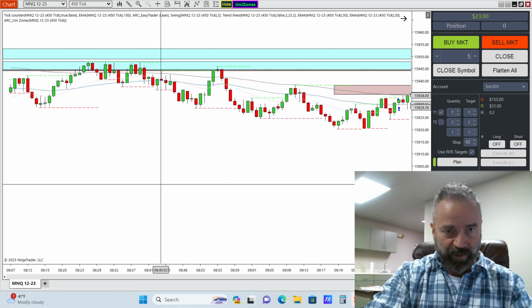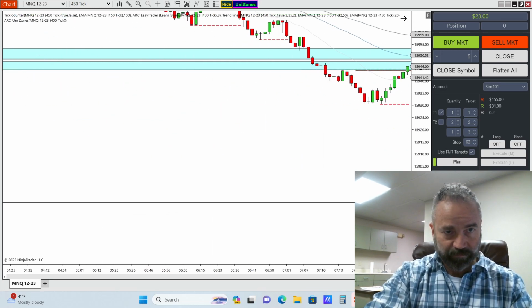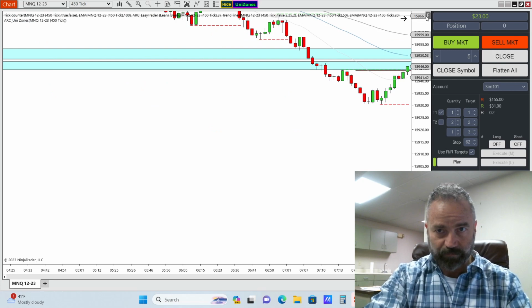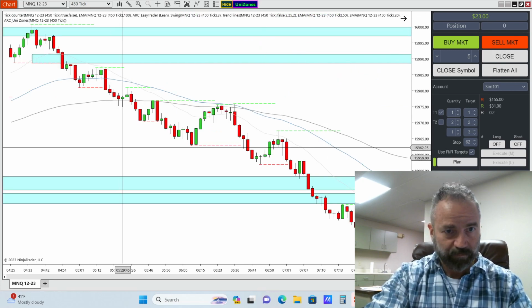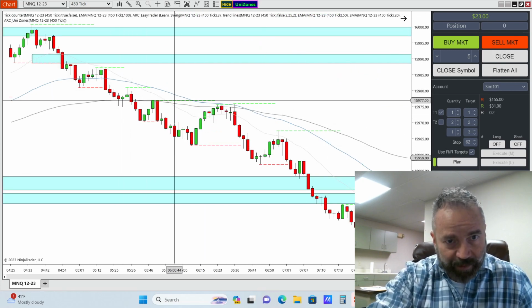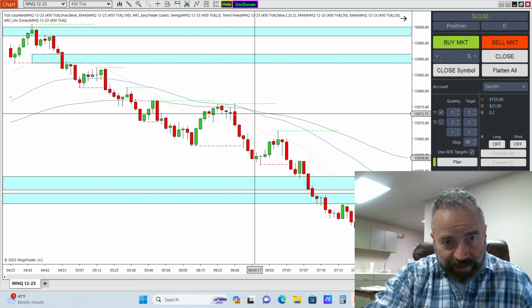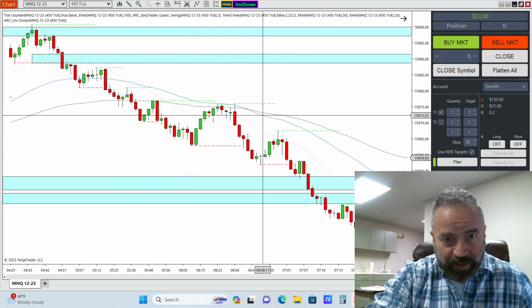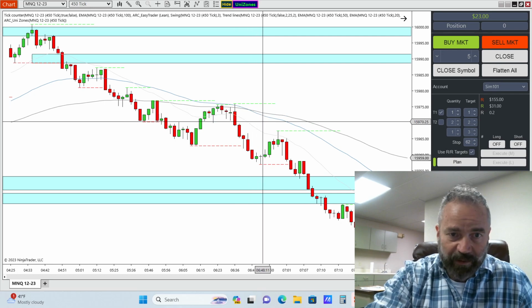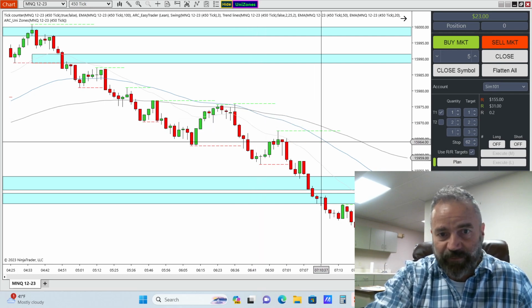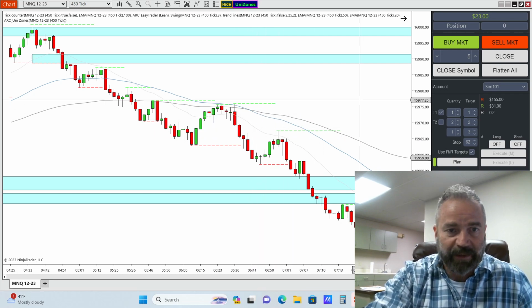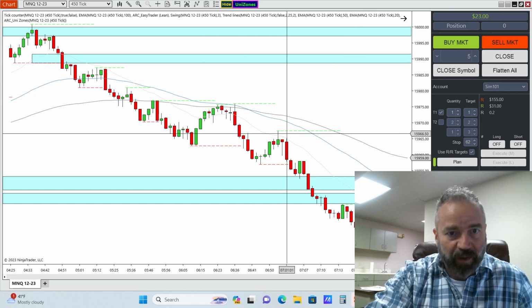Let's see if I can show you where it flips. Right here. You see how it flipped right here, and we had both the 20 and the 50 under the 100 EMA right there. That's what we would call a flip.